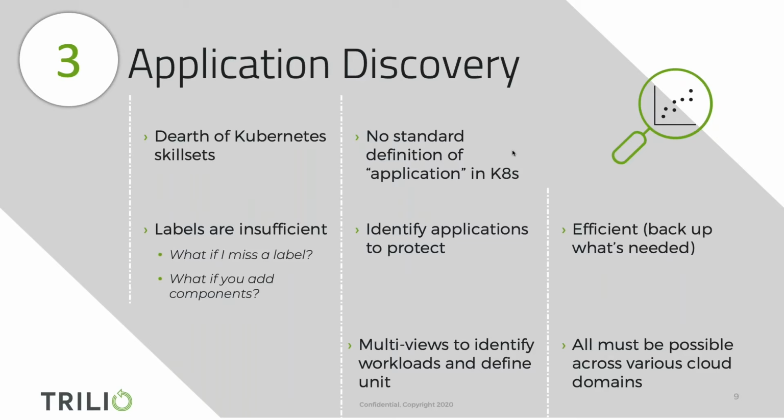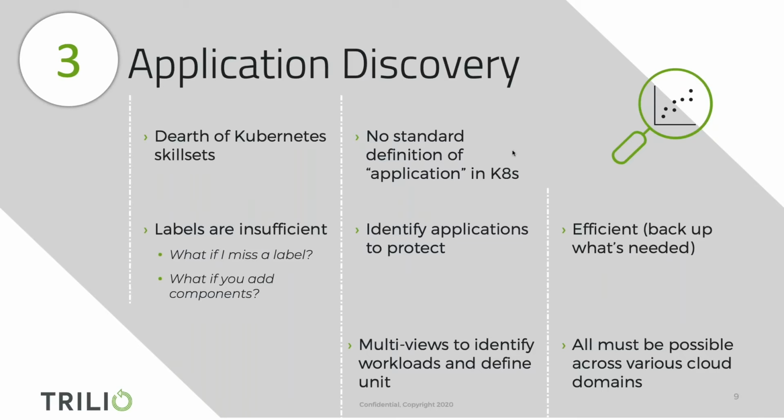We also noticed that labels are insufficient to do a backup. What if you miss labeling an object, and what if your application grows and you mislabel a component of that application? Your backup would be incomplete.